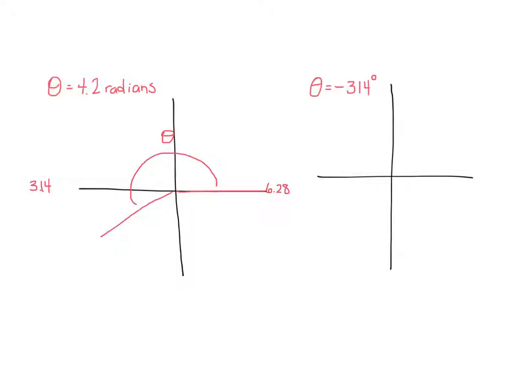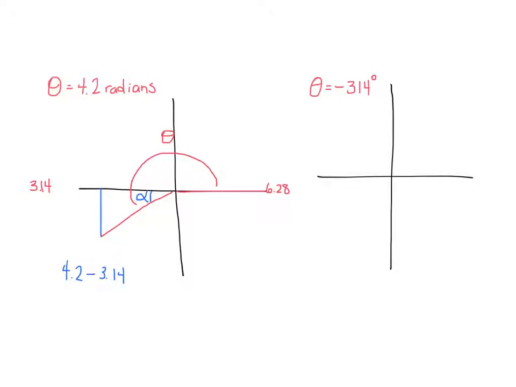Now my reference angle, which I'm going to call alpha, will be drawn to the x-axis. So this here is alpha. And alpha is going to be found by taking my 4.2 radians and subtracting off the 3.14 radians, that is just from 0 to halfway around.